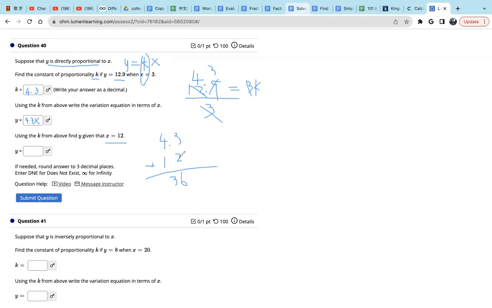Then 40 times 12, because this is 4, leave the decimal for now, that's 480. Lined up like this, right? Then you add those numbers. That's a 6, 3, 8, 4. Then we have a decimal point. That's one place, so we put the decimal point here. So y equals 483.6 for this spot.